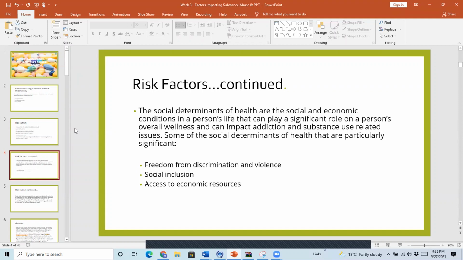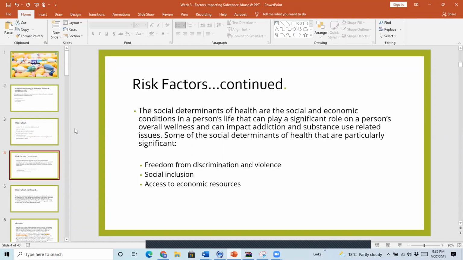If somebody's experiencing discrimination, violence, it could be even things like systemic racism, prejudice, those are going to lead somebody down an unhealthy path in a sense. It affects your health. It may not seem like it, but there have been studies to suggest that individuals who suffer from discrimination and violence are going to have fewer opportunities for healthcare, fewer opportunities for having overall wellness.